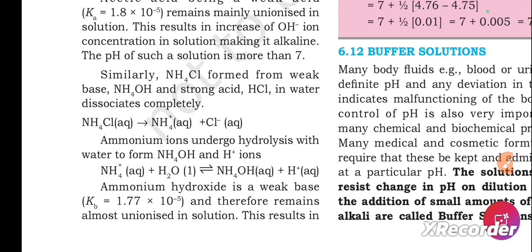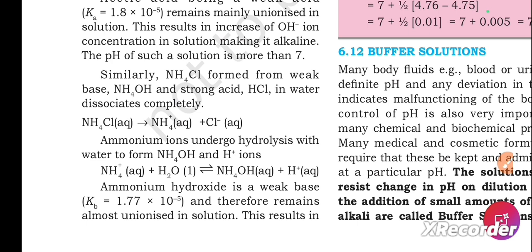Similarly, NH4Cl formed from weak base NH4OH and strong acid HCl in water dissociates completely. NH4Cl gives rise to NH4+ and Cl-. Ammonium ions undergo hydrolysis with water to form NH4OH and H+ ions.